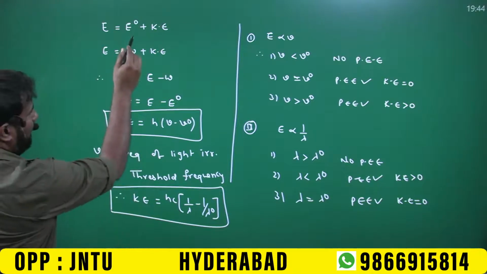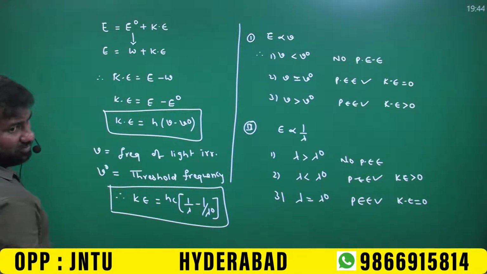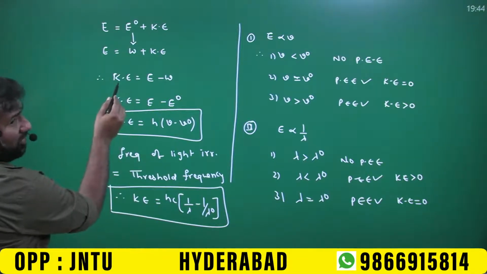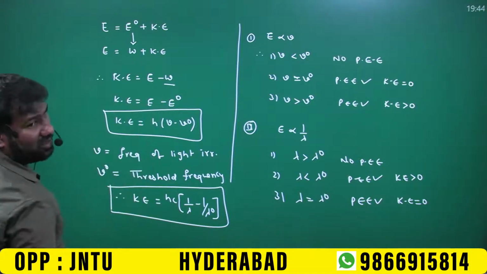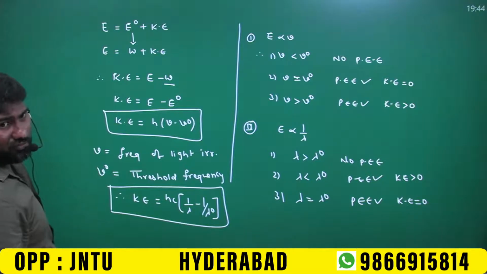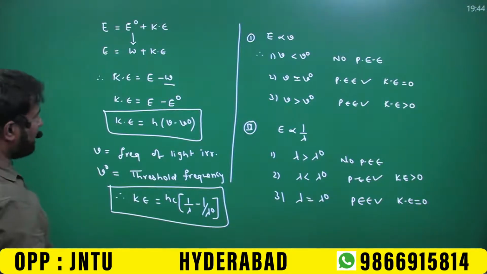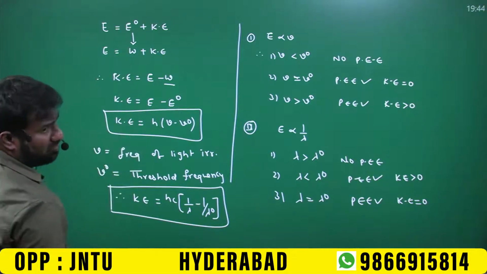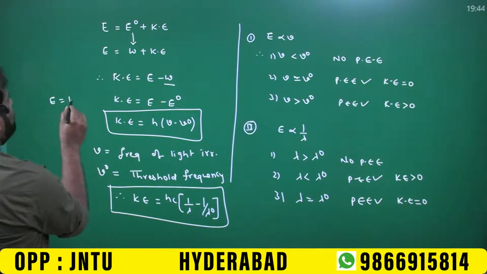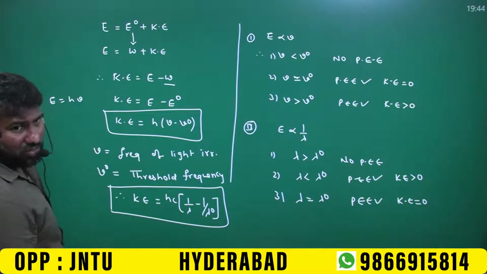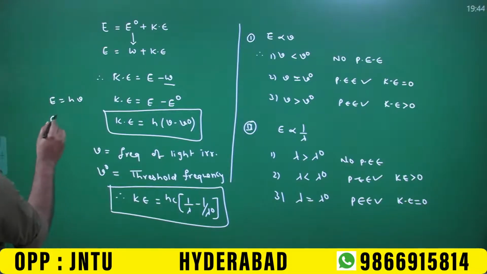The threshold energy is also called work function. So to calculate kinetic energy, subtract the work function from energy radiated. Kinetic energy equals E minus E naught. As you know, E equals h nu, and E naught equals h nu naught.